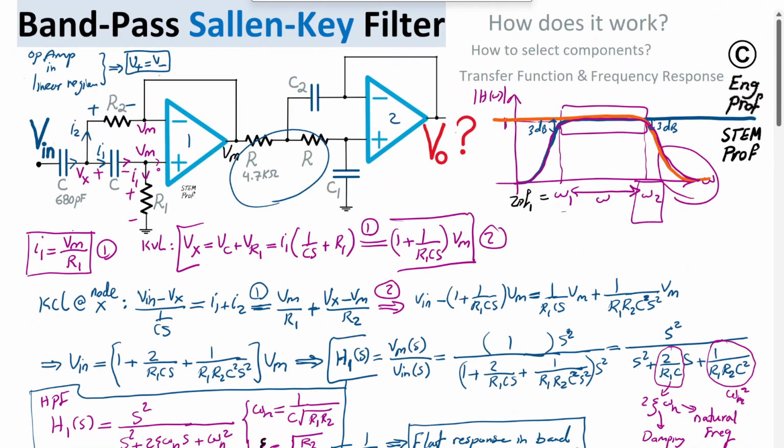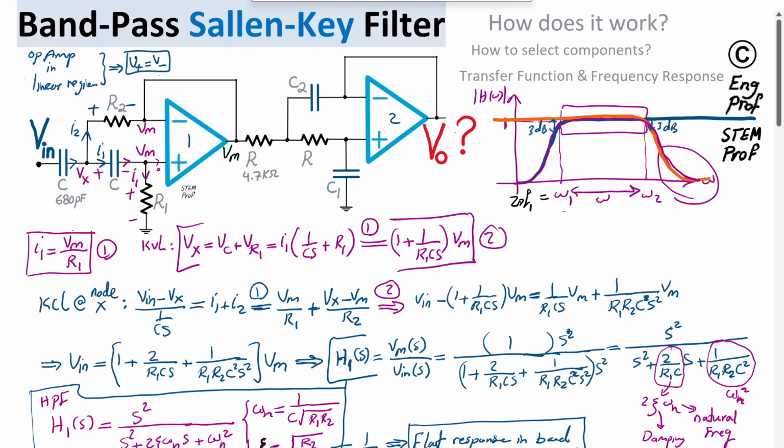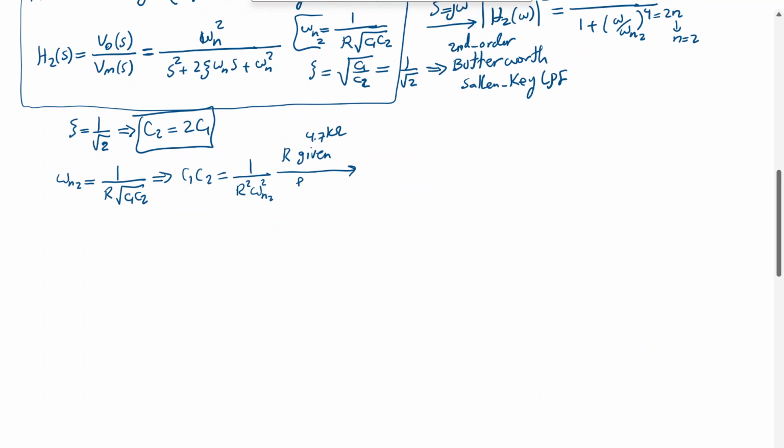If the resistor R is set to be, selected to be, 4.7 kilo ohm, then with the second frequency, the frequency corresponding to this omega n2, if omega n2 is set to 2 pi f2, and f2 is chosen or given for a target application, with f1 given as we discussed, then omega n2 equals 2 pi f2, with f2 given, which means we have the value of the product of C1 and C2.